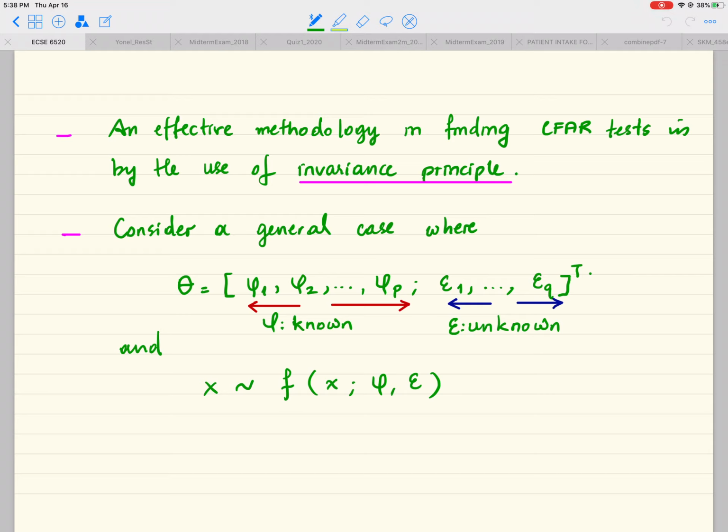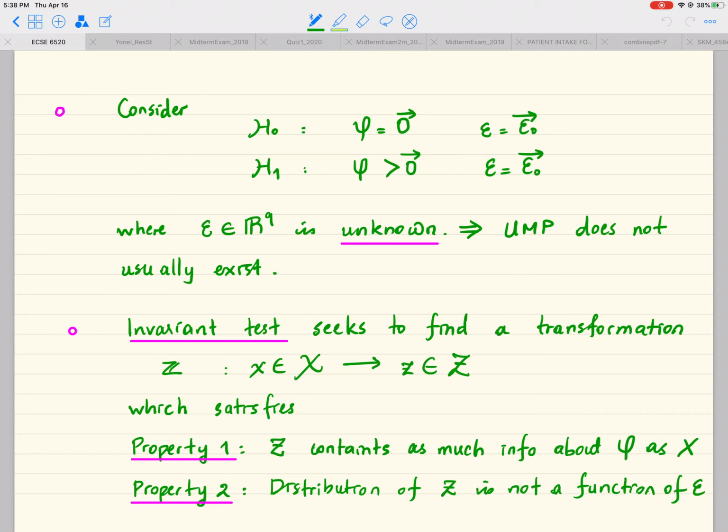So we have our observations x, and that of course is parameterized by this vector theta. So for example, we might have this particular test where, let's say, phi is the amplitude of our signal. Phi being 0 means there is no signal.